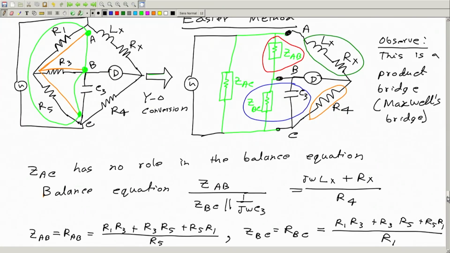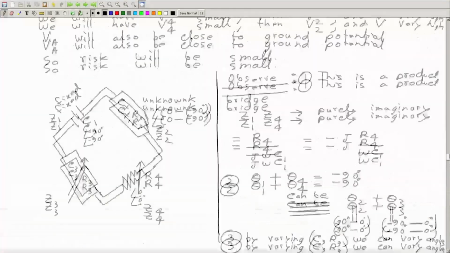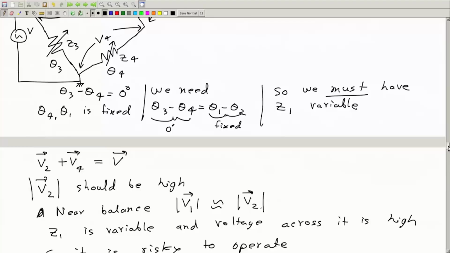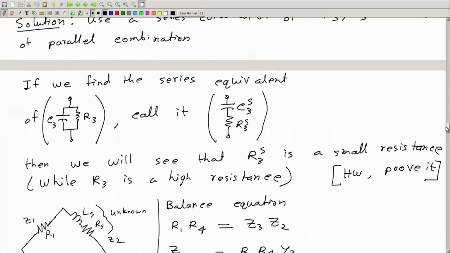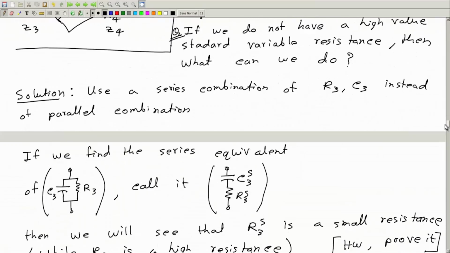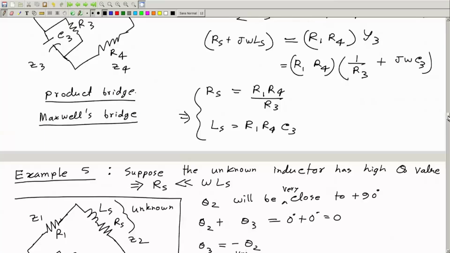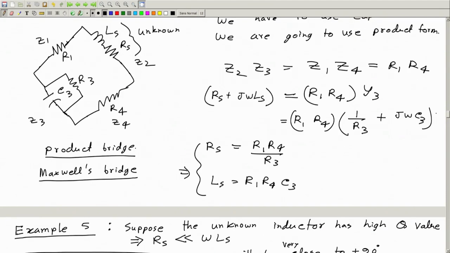Let me go back and show you this bridge. So, this was our Maxwell's bridge. This is the Maxwell's bridge, right, or this one, same, this is the Maxwell's bridge.